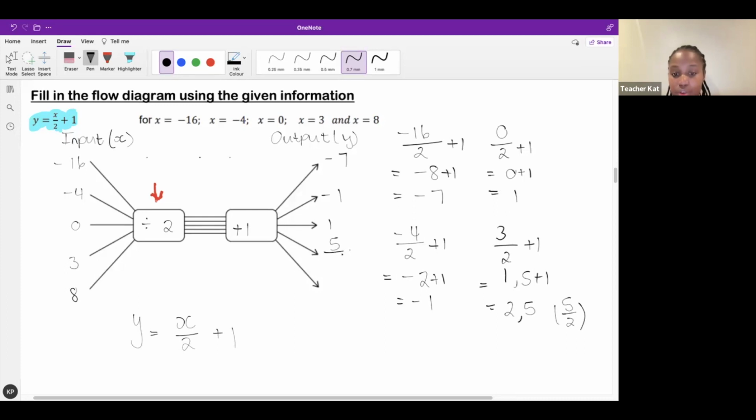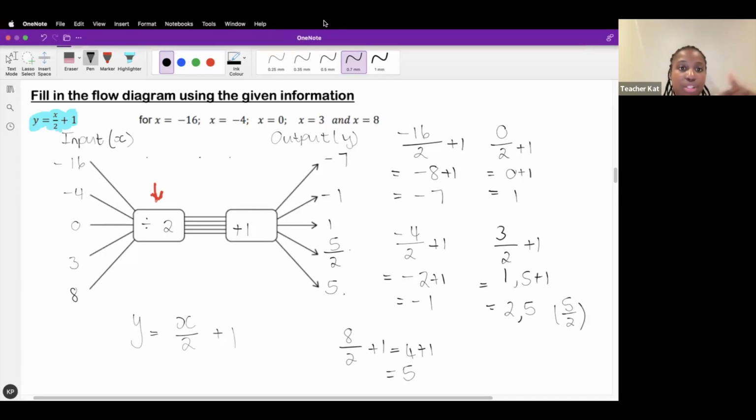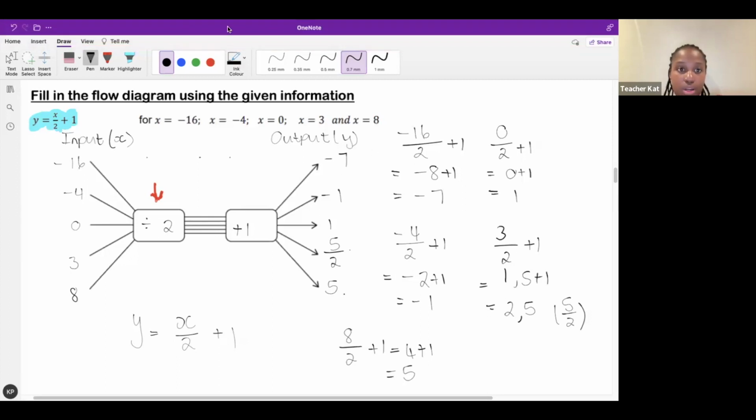Okay, so I'm going to keep it as 5/2 here. And for my last one, I have 8 divided by 2 plus 1, and 8 divided by 2 is indeed 4. If you add 1 to that, my output is 5. Nice, guys. You guys are going so fast. Nice. So do you see how we fit the different interpretations or representations into one another? We took a formula or an algebraic equation and we fit it into my flow diagram to complete it. So we're done. Input, output, done.